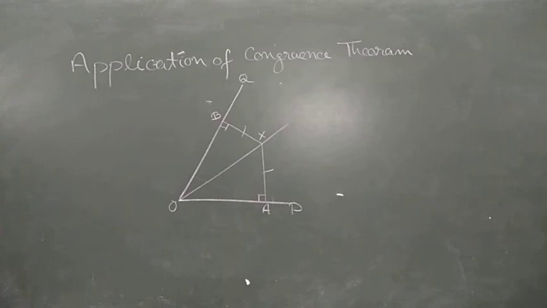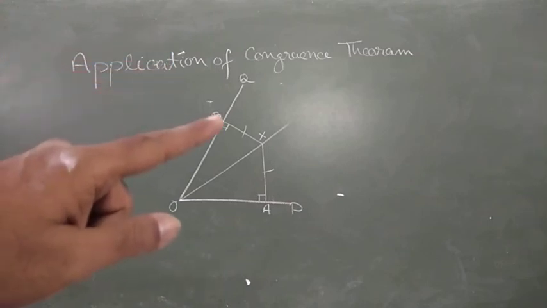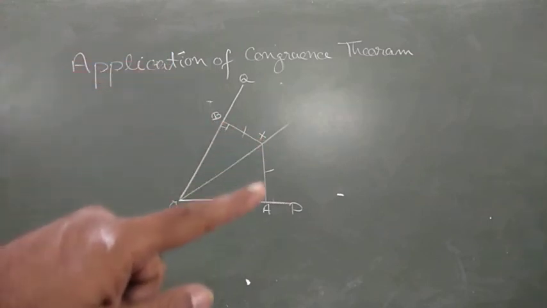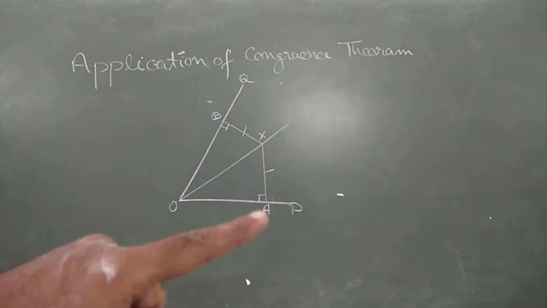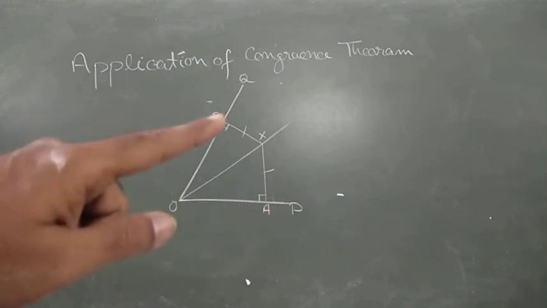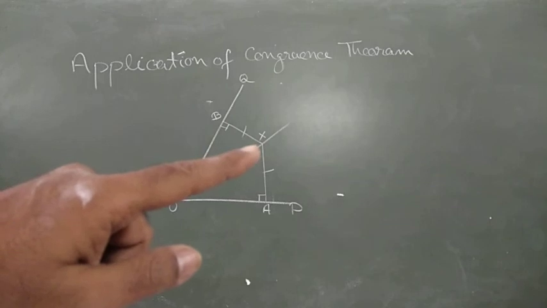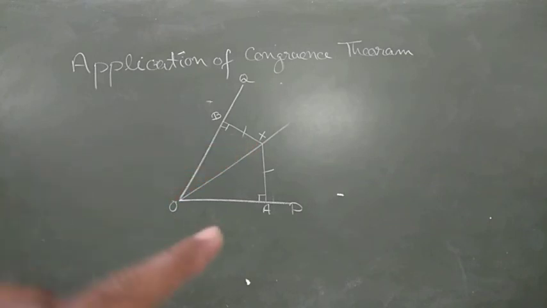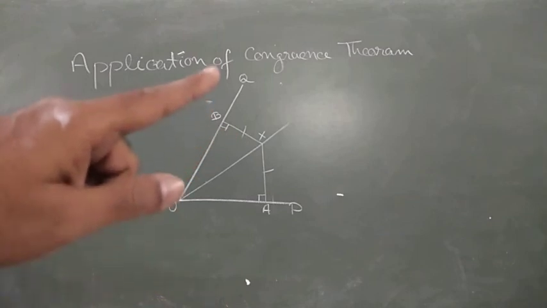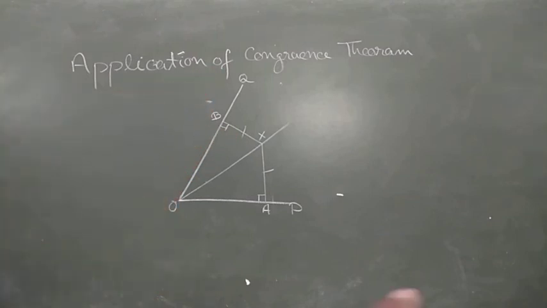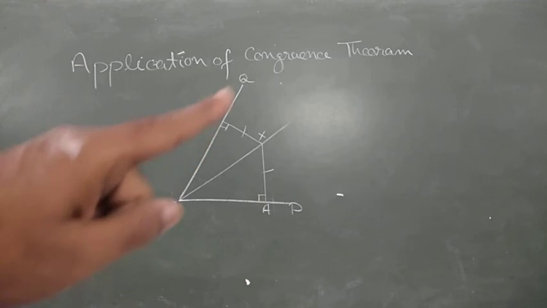As you are observing, in the following figure POQ is an angle, and BX and AX are perpendicular to these two arms. These perpendiculars meet at point X. We join the line OX. The question says you have to prove OX bisects angle POQ. Let's start.